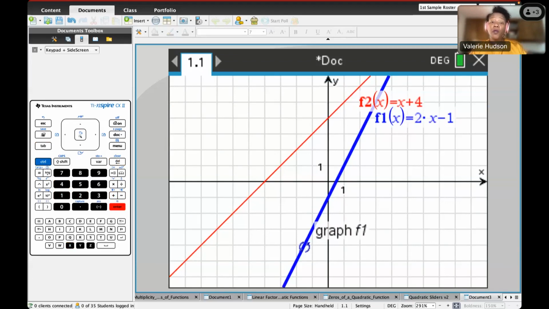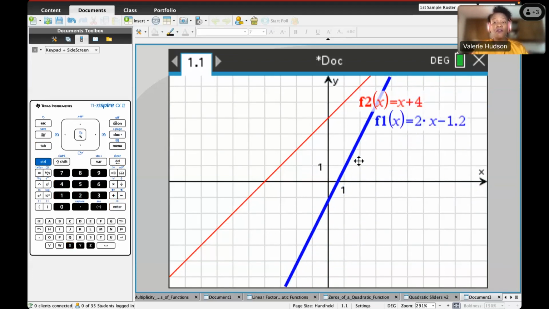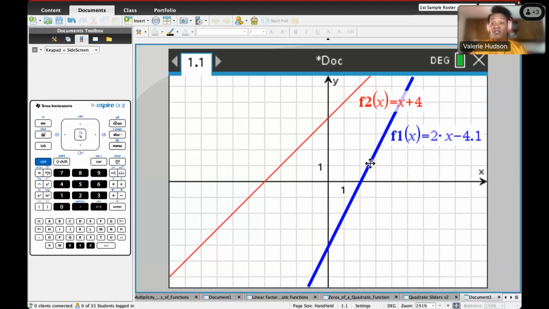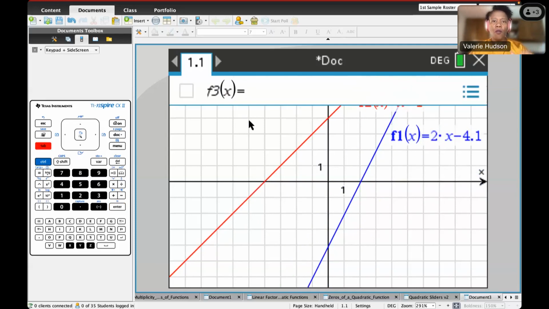At this point, you can have your kids grab and move the lines however they like. Ask them to find the solutions, either by hand or by finding the x-intercept, and the same thing for the other graph. But then ask them, well, what happens if we multiply those two equations? What do we get? Let's let the calculator help us with that.